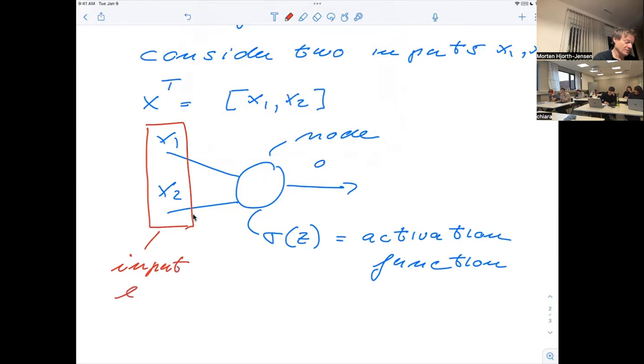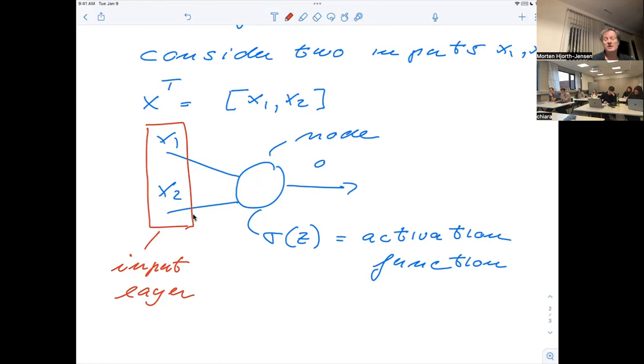I'm just bringing up the different names and the types of variables which we're going to deal with. So we have defined an input layer. We now have this node, which is where this input is fed in. And then this activation function can produce an output depending on the type of operations we want to have. So you could think of this activation function producing a 1 or 0.